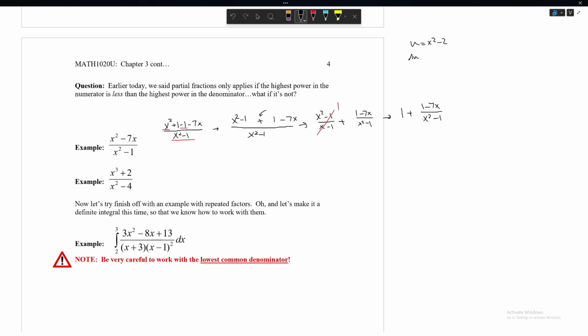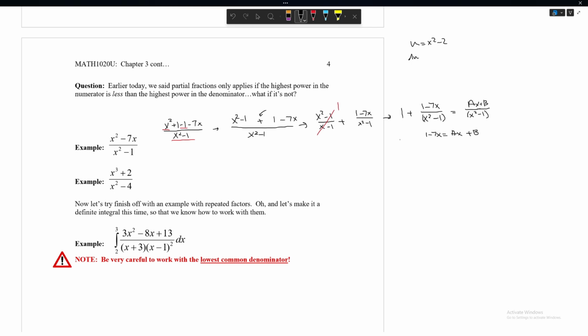This is an x squared. So you could say, you know, equals a over, well, this would be ax plus b, because bottom is quadratic. X squared minus 1. Right? And then cross multiply, which this will cancel out. So you'll get 1 minus 7x equals ax plus b. And now what can you do?